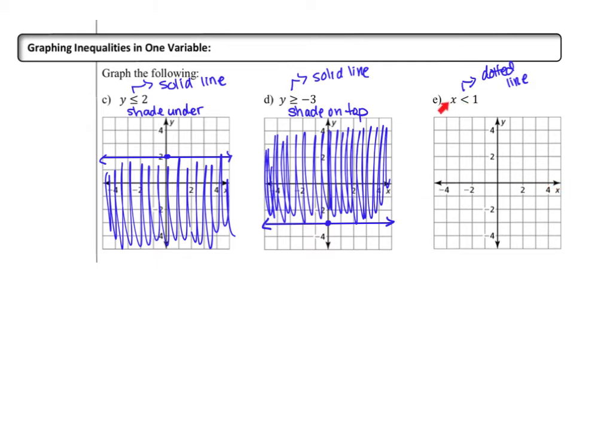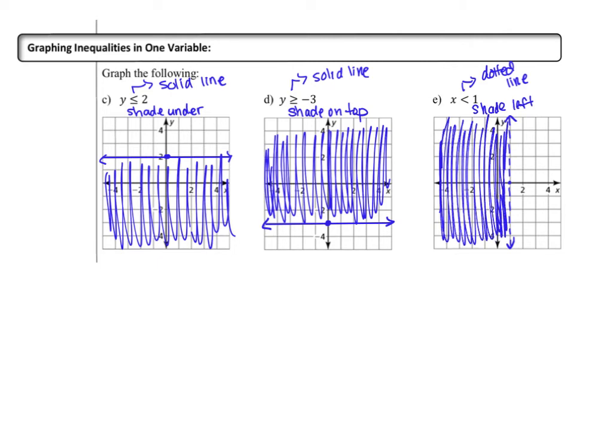We know it's x because it says x is less than 1. So here's 1 on the x-axis. I'm going to put a dot there, and then draw a dotted line right through that point. And then I want to shade all of the values that are less than 1. If this is 1, all of the values that are less than 1 are to the left. So you're going to be shading everything on this side.